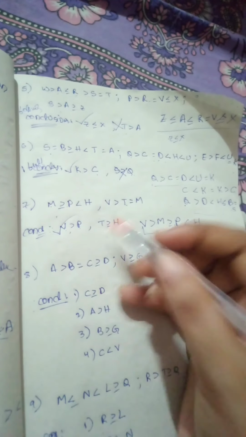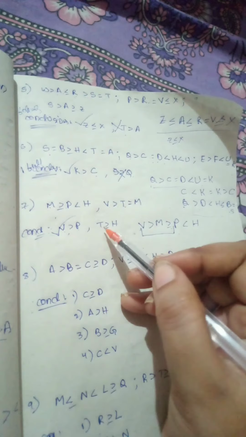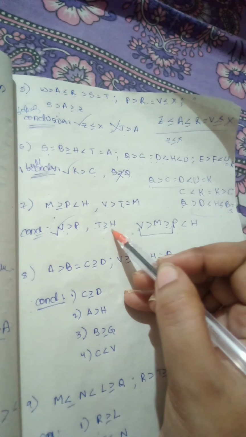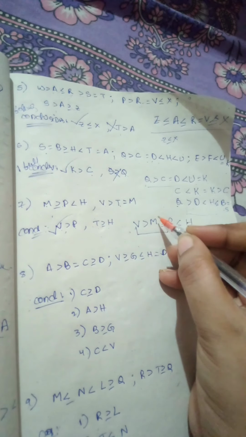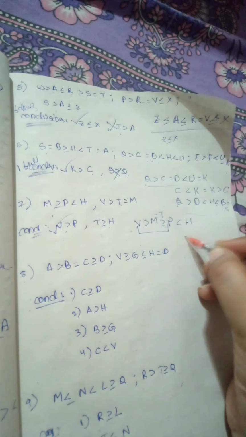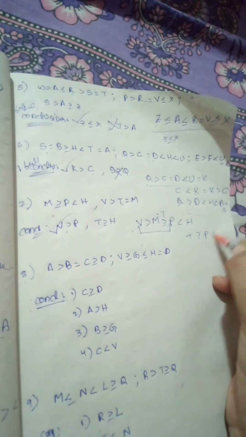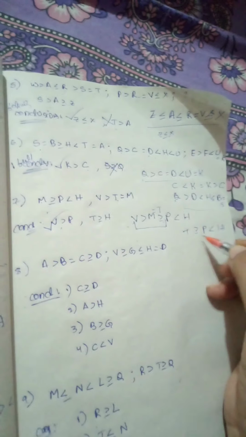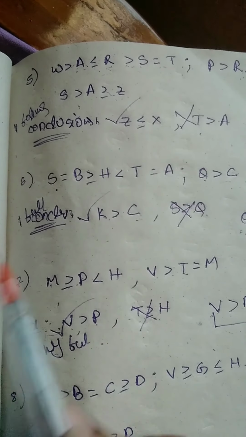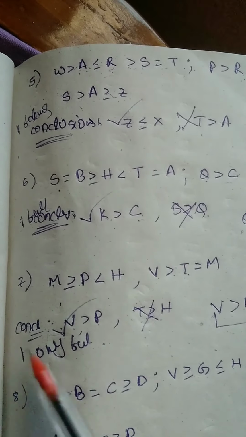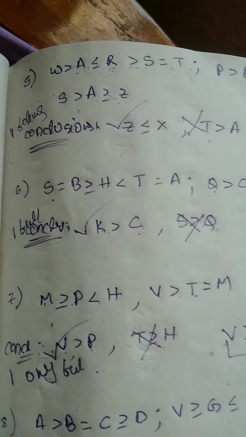So first conclusion follows. And also second conclusion t greater than or equal to h. In the second expression we see that t is equal to m. So m is equal to c. That means t is greater than p less than h. So second conclusion is false. So seventh one answer is only one follows.